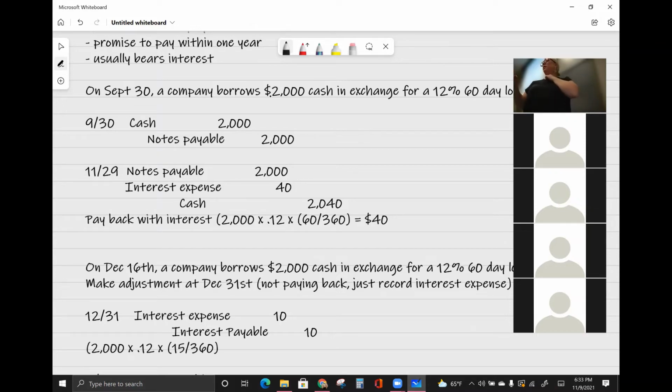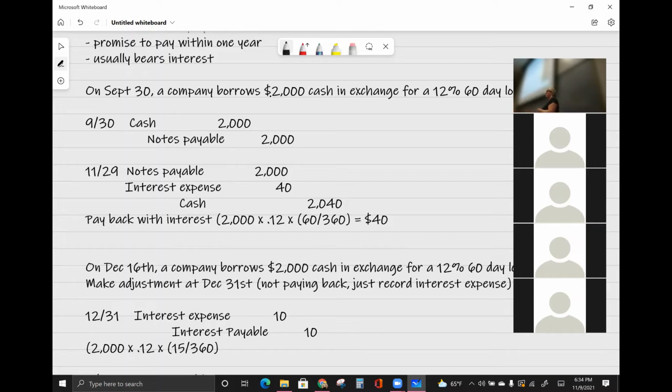So we want to calculate what is the interest that I'm going to owe on that $2,000. So we take the $2,000 times the rate, the 12%, and then we multiply it by how many days did we have it? In this example, it's 60, and divide by 360 in order to come up with how much I owe for just those 60 days, right?